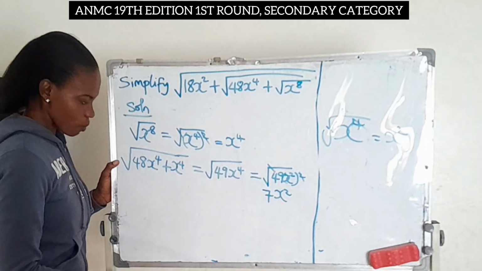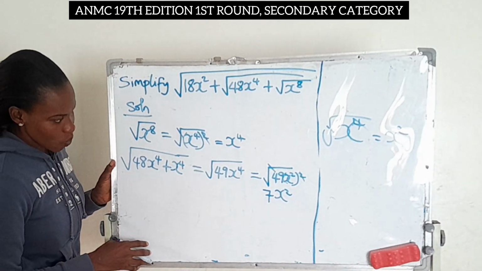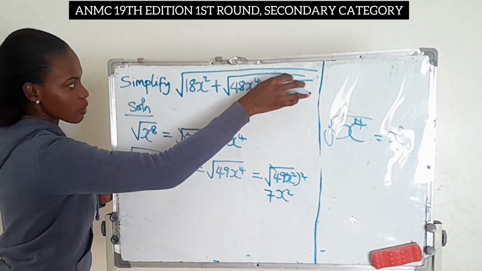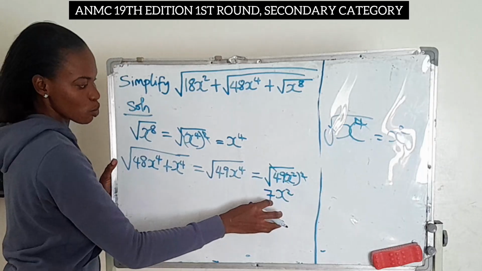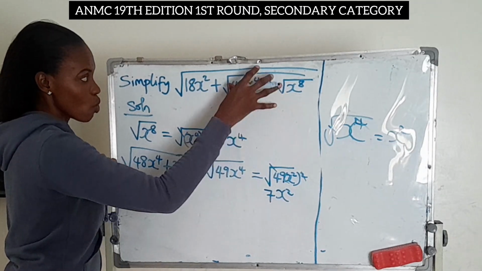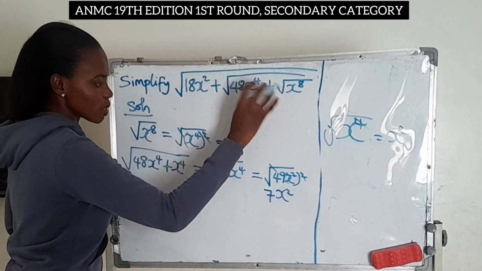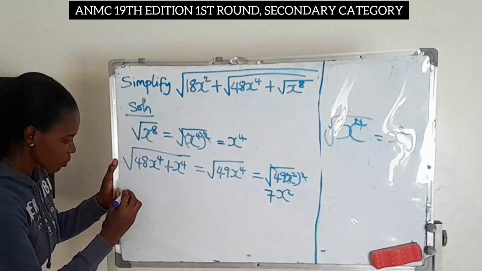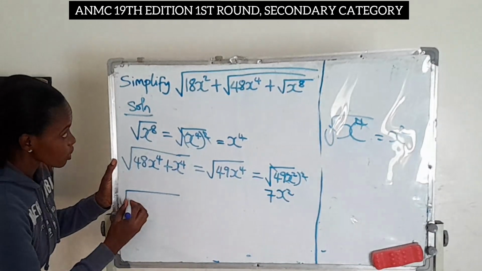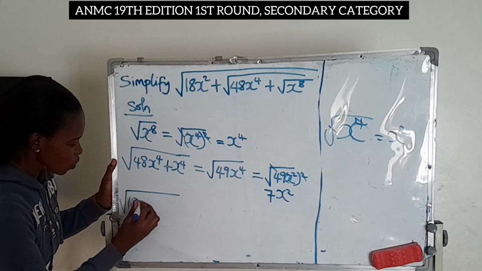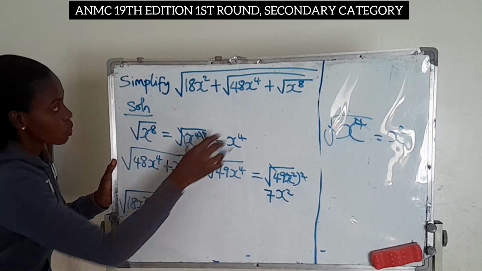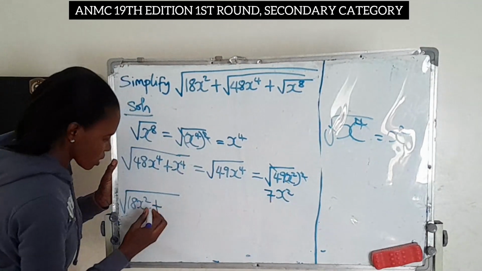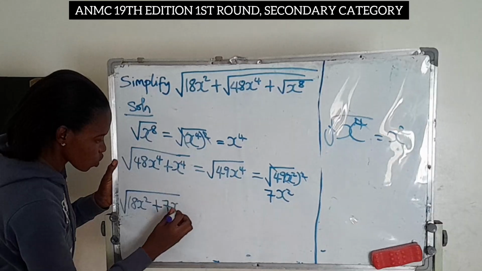Okay? Fine. So the next thing we are going to, so the whole of here has been reduced to 7x raised to power 2. So when we get here, we'll not put these things again, we'll carry this and put it here. So we'll go to the final square root. This final square root is 18x squared plus all these things has been reduced to 7x squared.